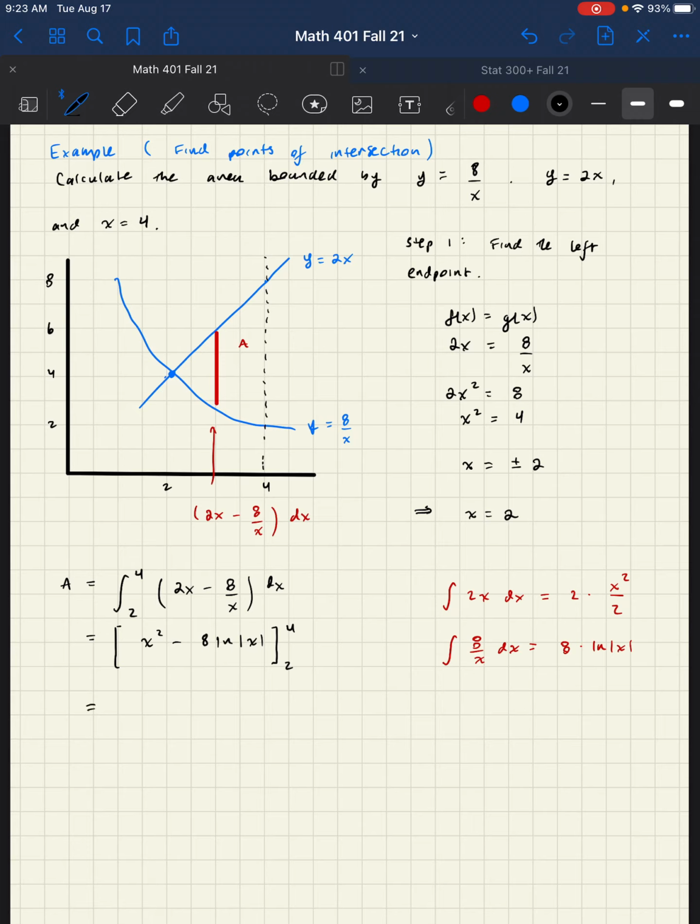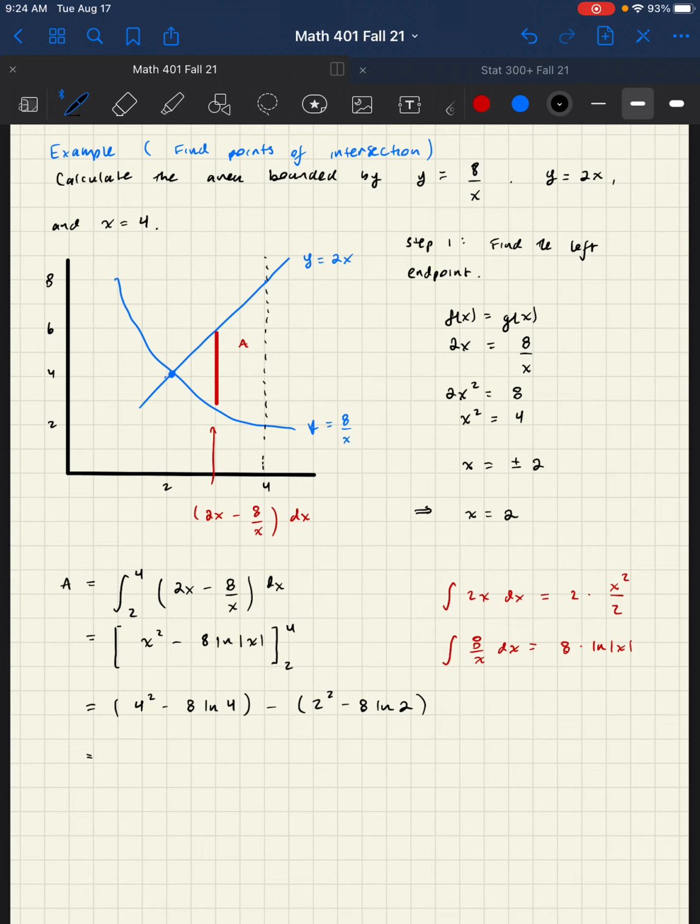Now, let's do the calculation. So we have 4 squared minus 8 ln of 4, minus 2 squared minus 8 ln of 2. Notice that these are all powers of 2. And if we cleverly use our logarithm rules, then we can combine these easily.